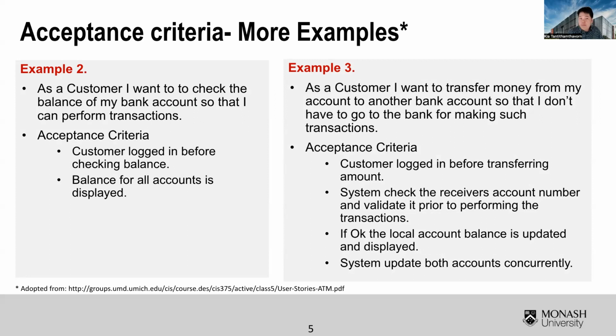As a user, I should be able to see the balance amount, including the transaction history of the banking application, something like that. If I can see and perform everything, then that user story is implemented and behaves as expected.